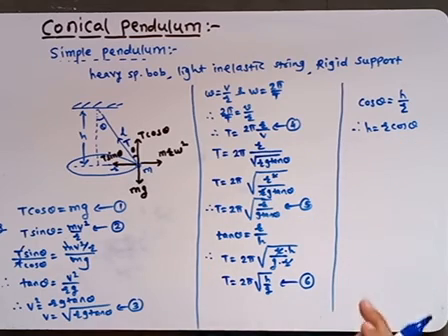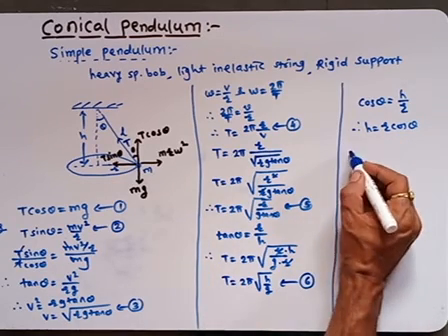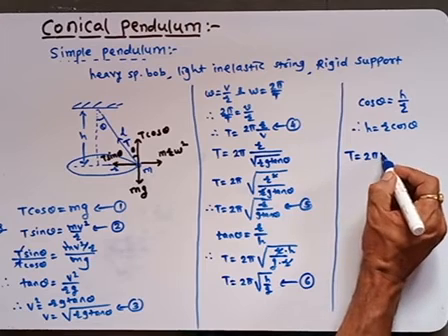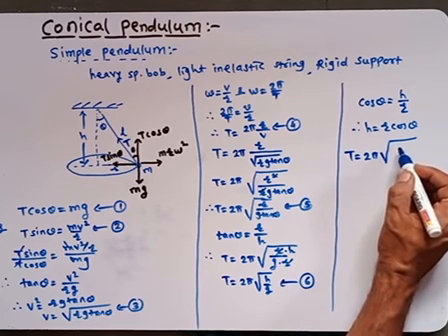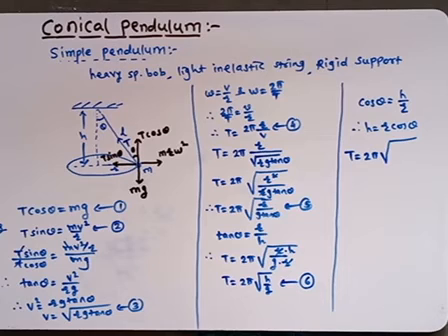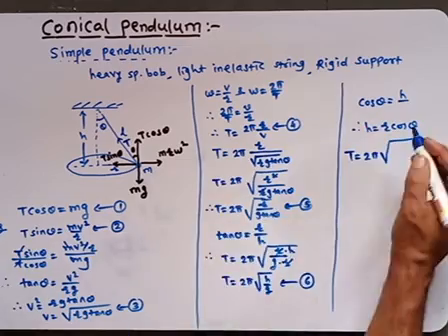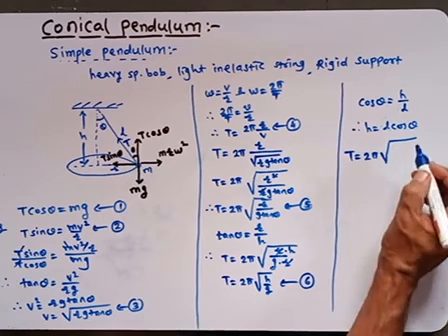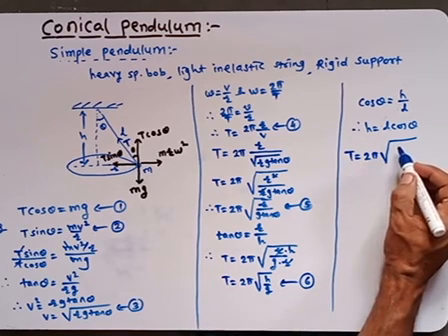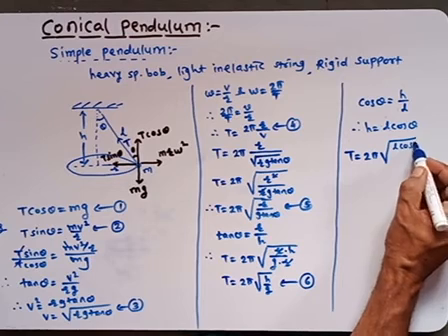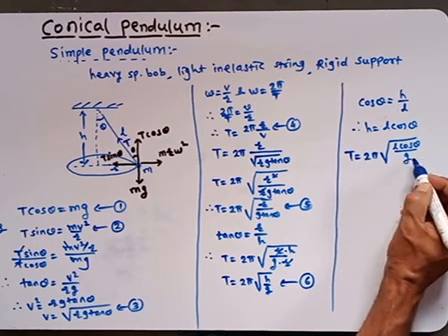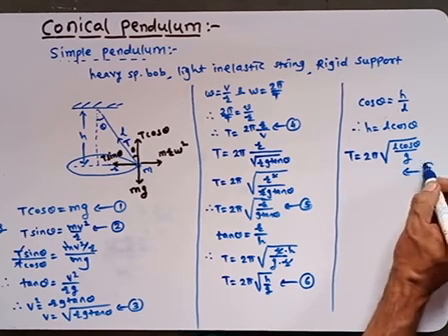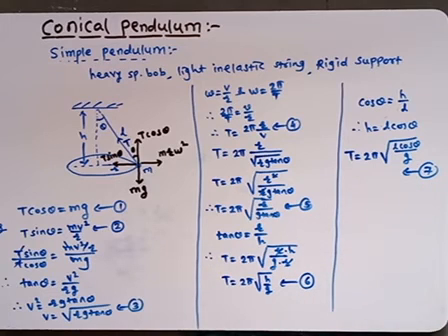If we put this value of h in this equation, then we can write T is equal to 2 pi square root of h upon g, and therefore T is equal to 2 pi root l cos theta upon g. This is equation 7. This equation 6 and equation 7 give the period of the conical pendulum.